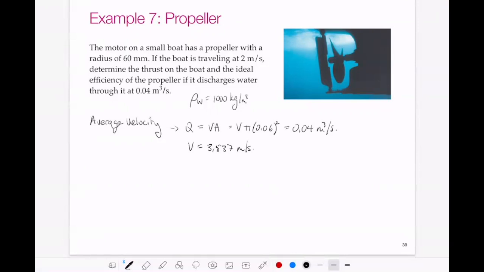So where can we go from here? It's asking, determine the thrust on the boat and the ideal efficiency, and the boat is traveling at 2 meters per second.